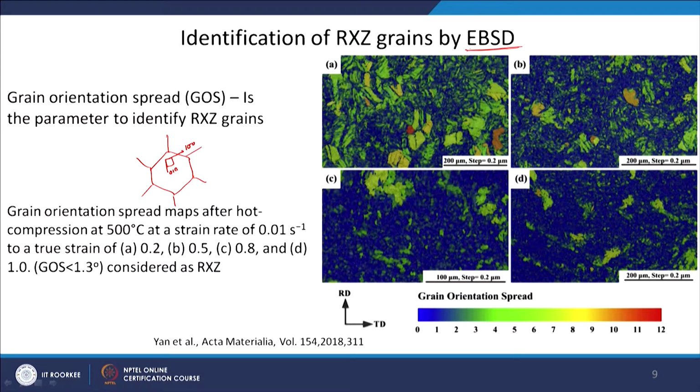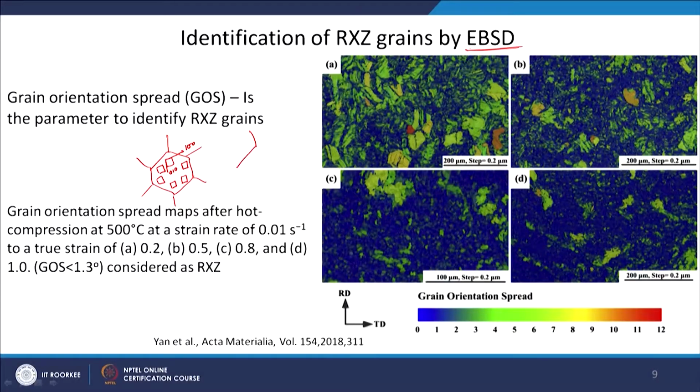If I do this measurement and find out the orientation of the unit cell in each part of the grain, it will be the same. There will not be any change in the way the unit cell is oriented, because within a grain it should have the same orientation.